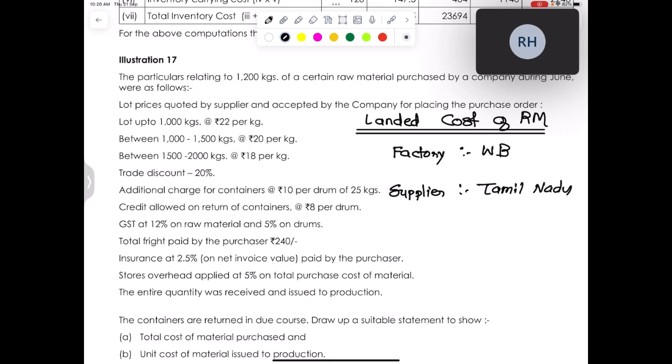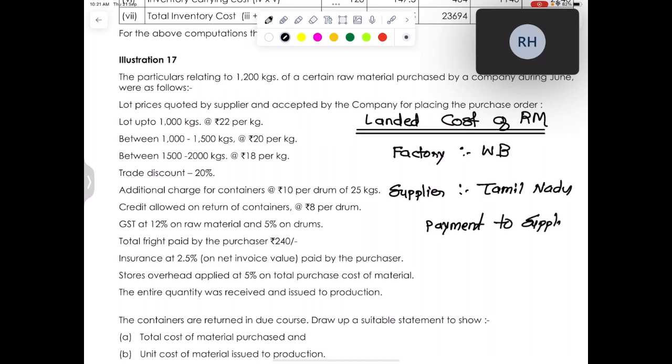So what will be the landed cost of raw material? What we are trying to calculate is the landed cost of raw material. So the factory is situated in West Bengal, while the supplier is in Tamil Nadu. The first cost associated with the raw material is whatever payment you are making to the supplier.